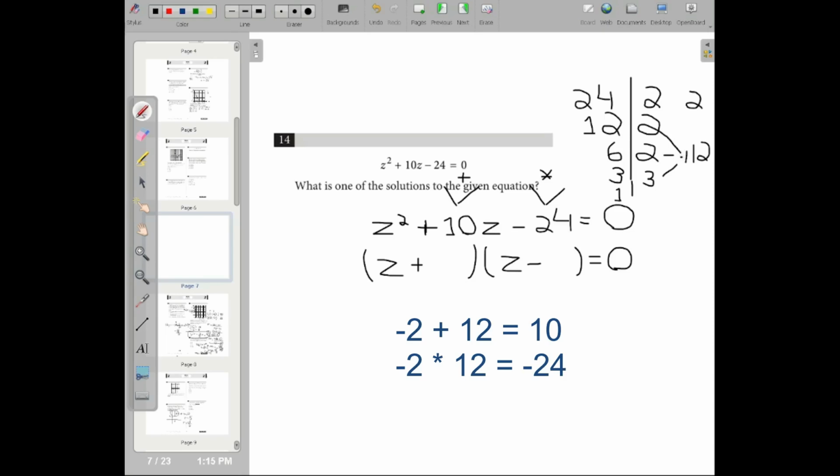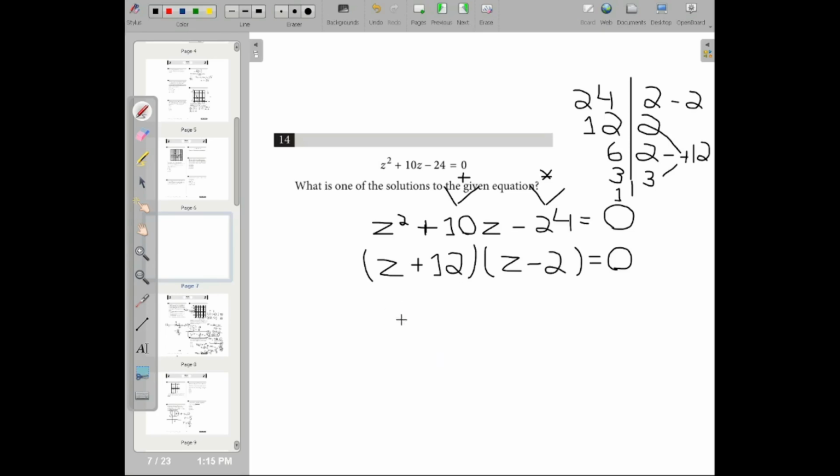We could use the positive sign, and this has to be negative. One has to be positive and the other has to be negative. So 12 minus 2 is 10. So those are our two numbers. The greater one goes first. 12, and here minus 2.